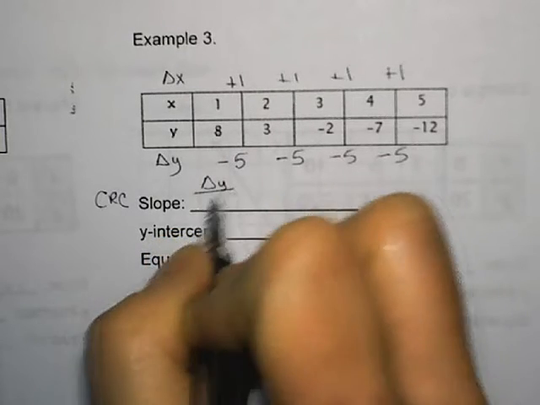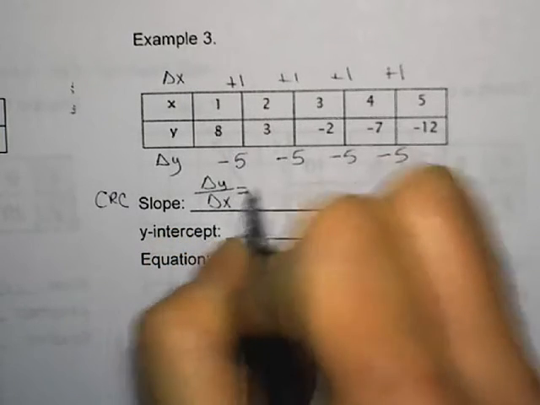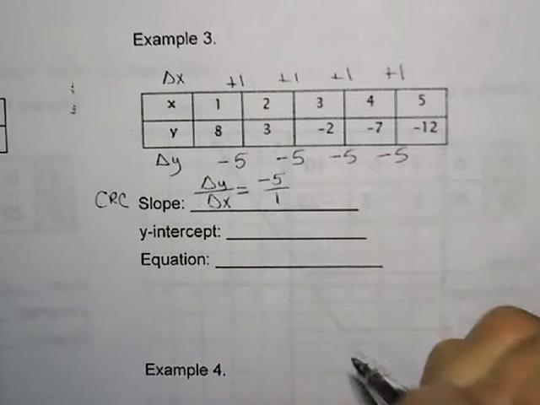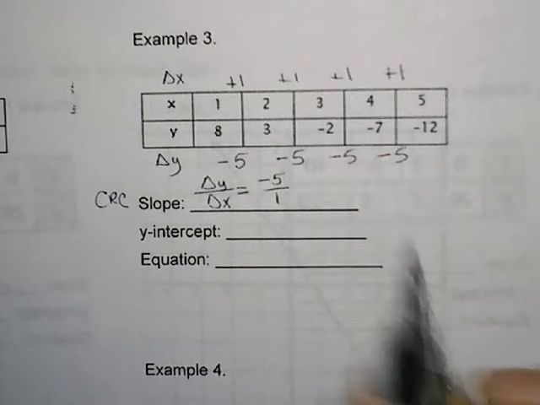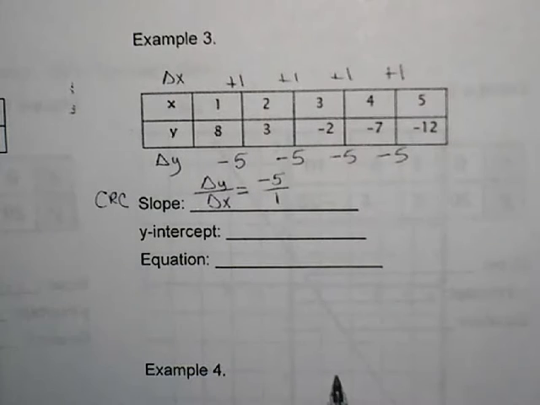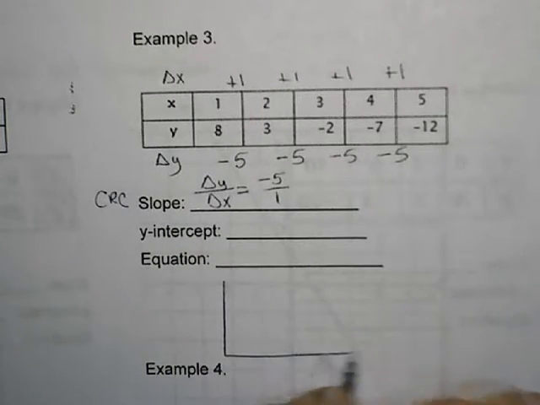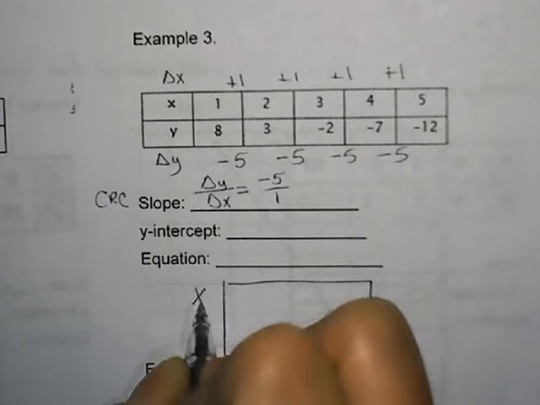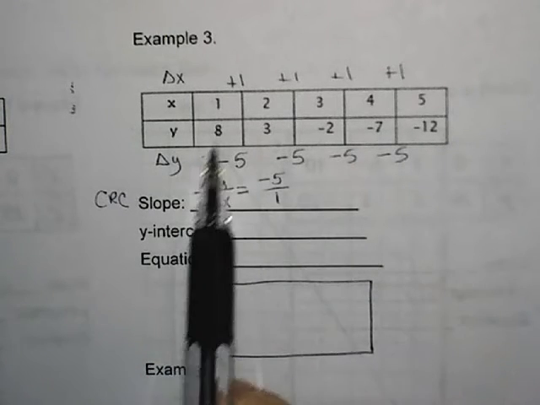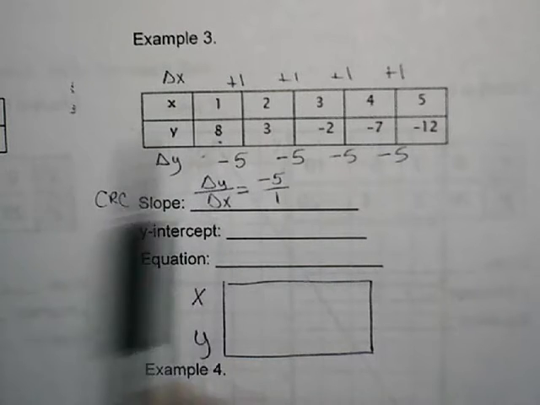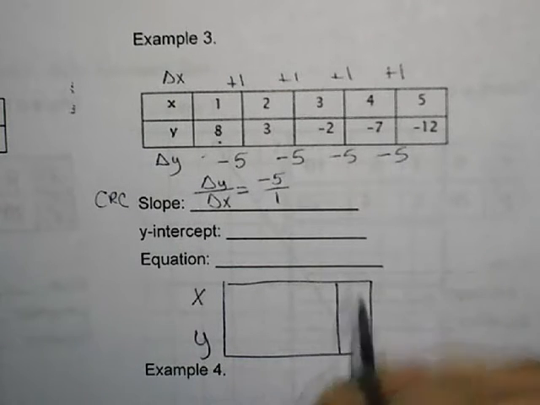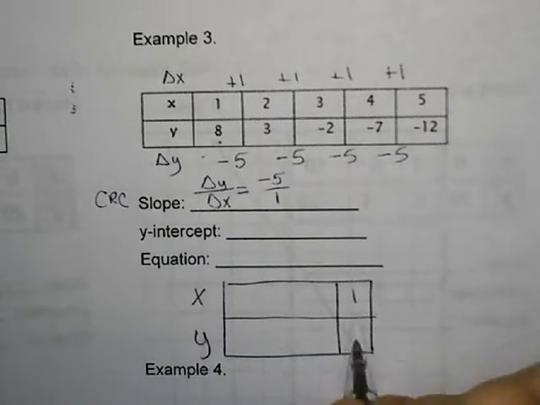Therefore, my slope, change in y over change in x, is -5 over 1. And my y-intercept I am going to have to find. And again, I'm going to go down here, make a small table of x and y. And it looks like for this one, I'm going to have to work backwards. I'm going to put 1 and 8.